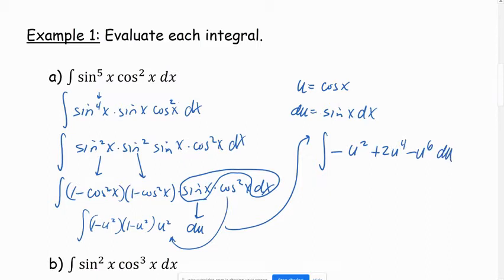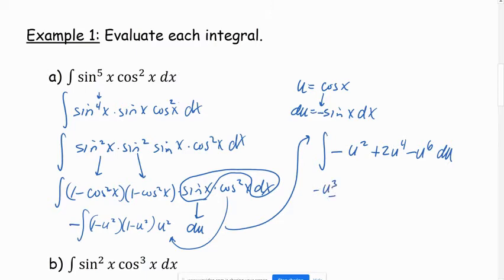It's because I left the negative sign off here. The derivative of cosine is negative sine, so there should have been a negative out in front of this integral, and if I distribute that through, I end up with this integral.